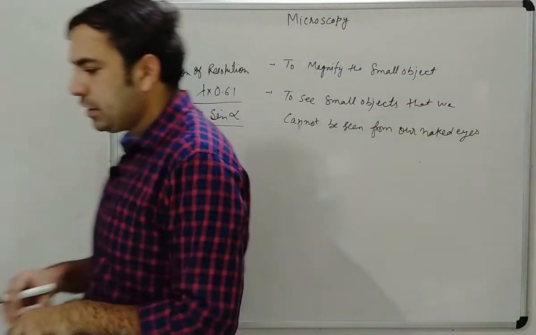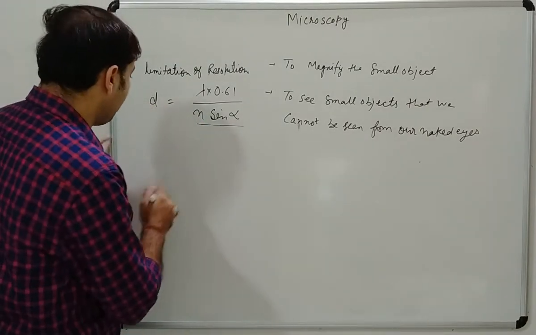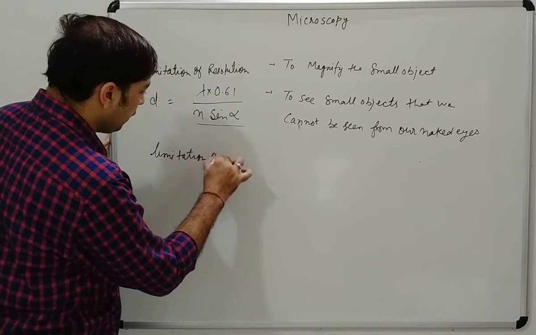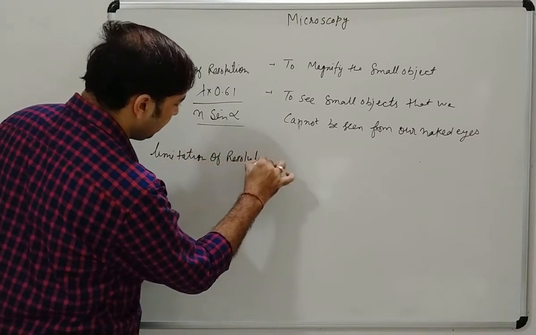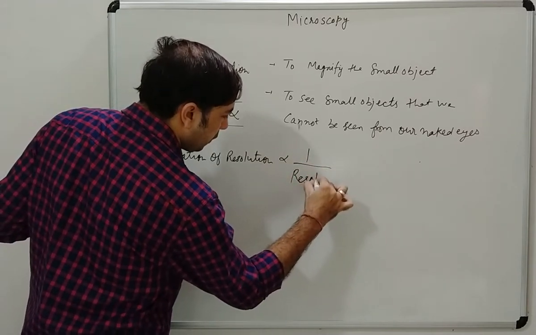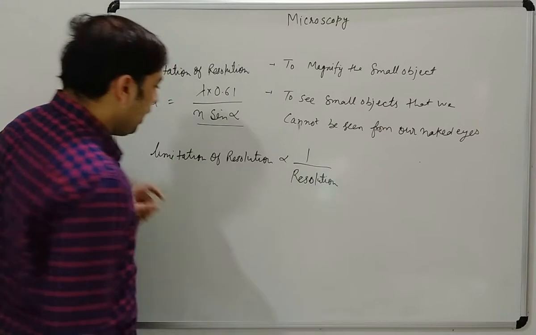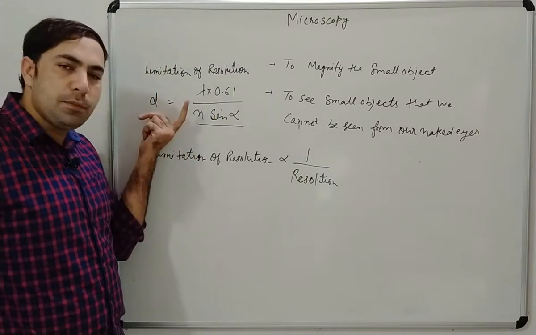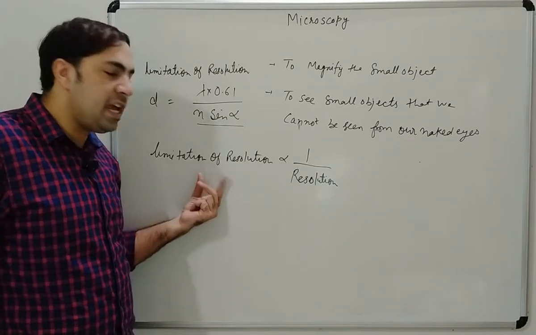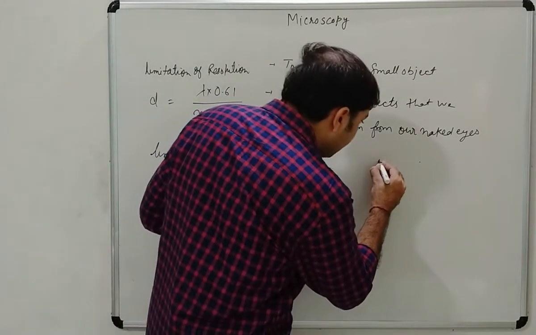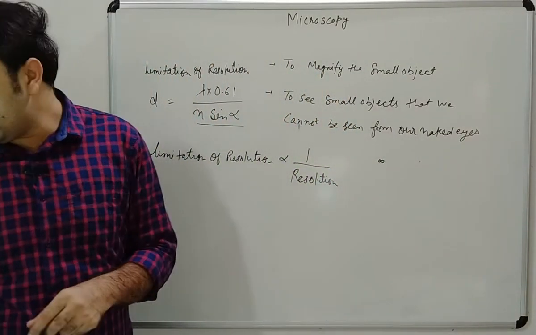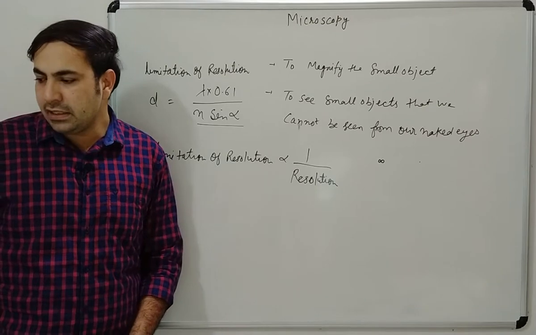Now d is the limitation of resolution, and it is inversely proportional to resolution. If the value of d is smaller, it means the resolution of this machine is high because d is less. If a machine can measure the minimum distance between them at a limit, then we can say that is its resolution.